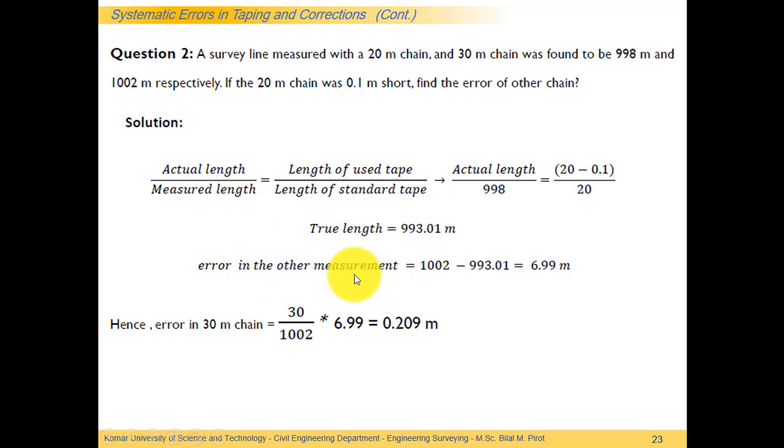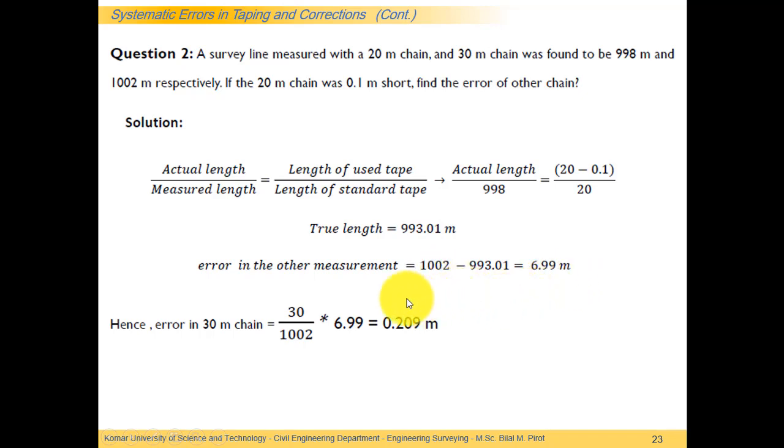We are talking about the second tape. The second tape is 30 meters, and the measurement using this tape is 1002. So 1002 minus the true length, the error in this measurement will be 6.99.